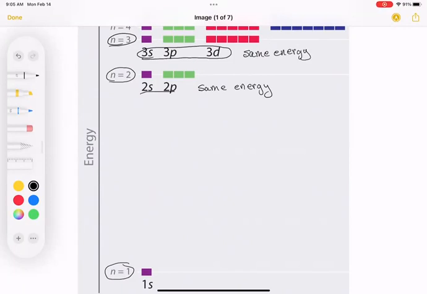And so what you will notice is when you're dealing with a 1-electron system, all L values are of the same energy.